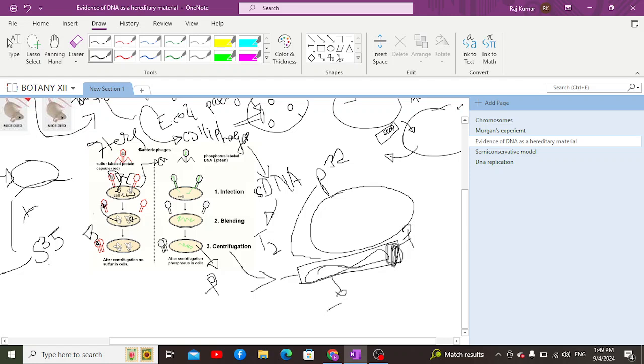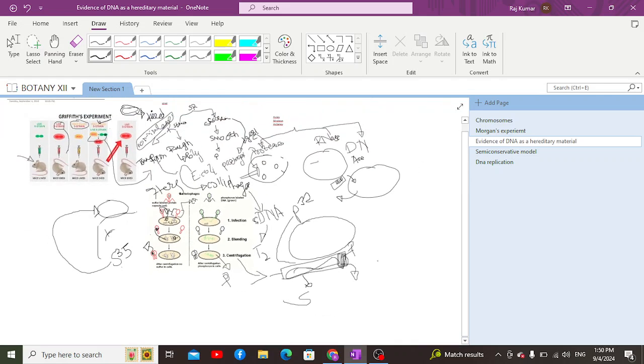When they injected the first culture of bacteriophage, which had sulfur-based protein, they saw that the E. coli bacterium did not have the sulfur-containing proteins, the sulfur-containing amino acids, or the radioactive isotope sulfur 35 in the pellet.